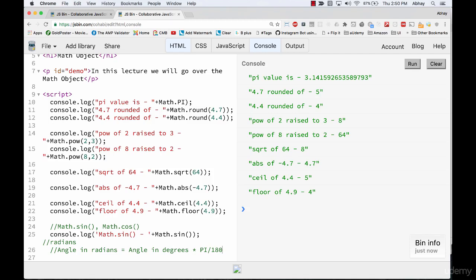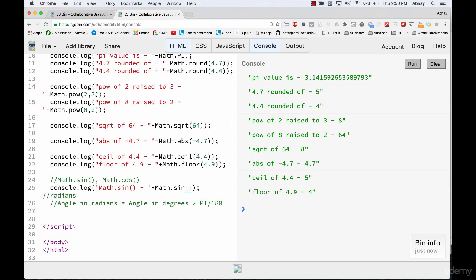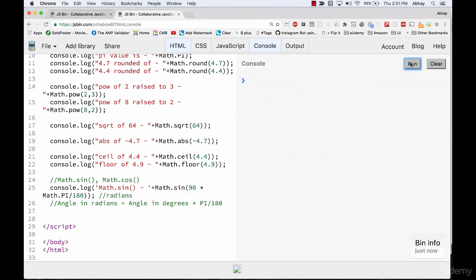So let's see that in use, and let's do a sine of a 90-degree angle. In this case, it would be 90, using this formula, angle in degrees 90 into pi, which we just saw how to get, Math.PI, divided by 180. Let's clear the console and run.